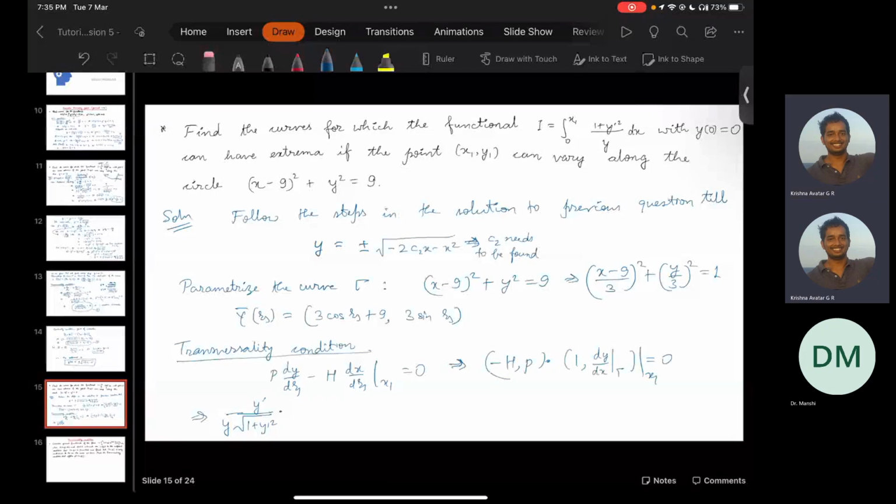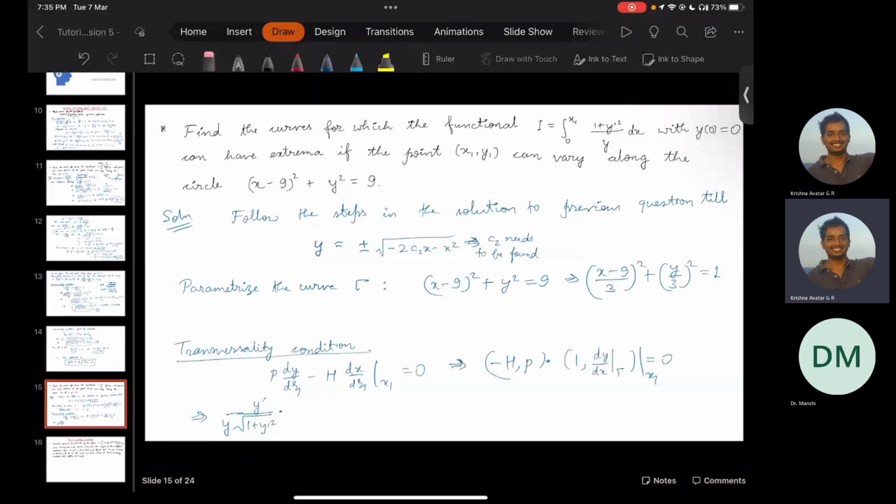Then this implies that we'll just express y of x. It is plus minus root over 9 minus x minus 9 whole square. Okay. So here the transversality condition gives us p into dy by dx, and dy by dx, we'll take the positive root of this quantity.